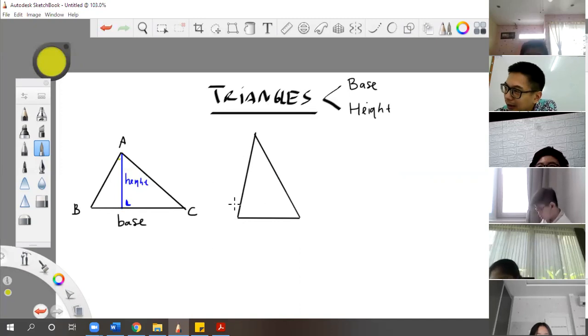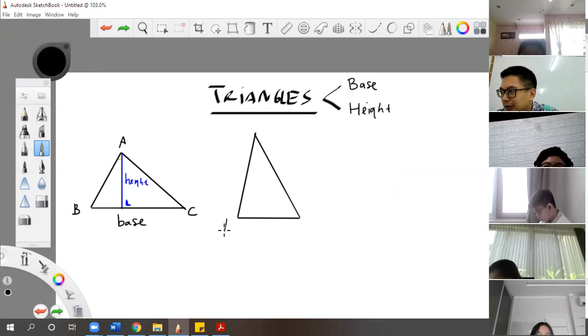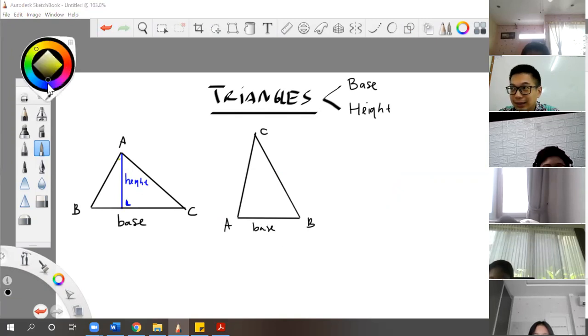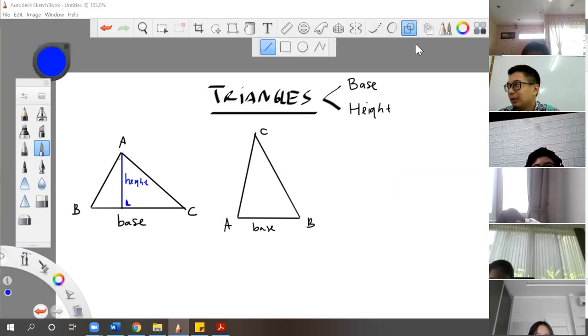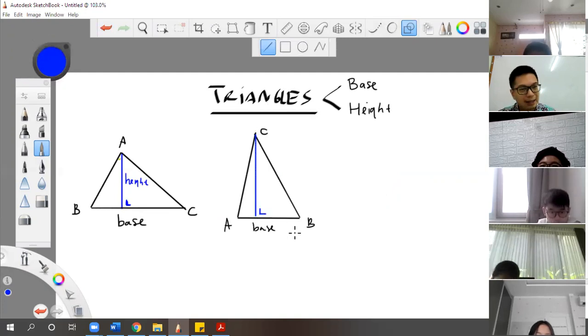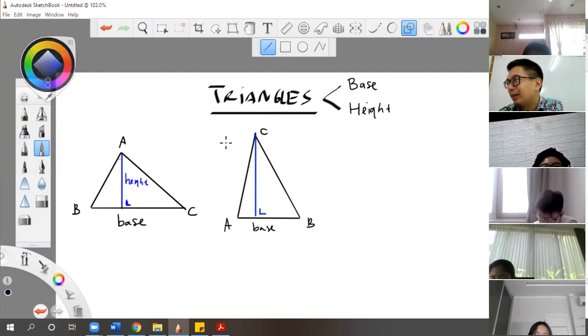This A is at the bottom. Okay, good. This is A, this is B, this is C going up. This is the base. So where is the height? 90 degree from the other point. That's the rule. So the height is here. Is it different? Yes, the height is different and the base is also different, right? But the area is equal, because it's the same triangle. So this is the height.